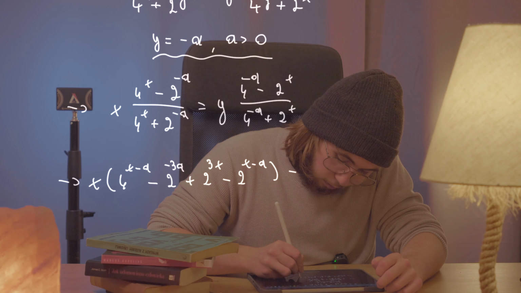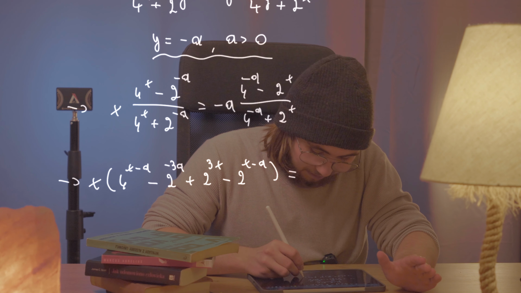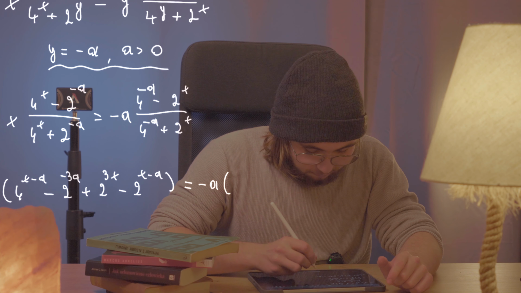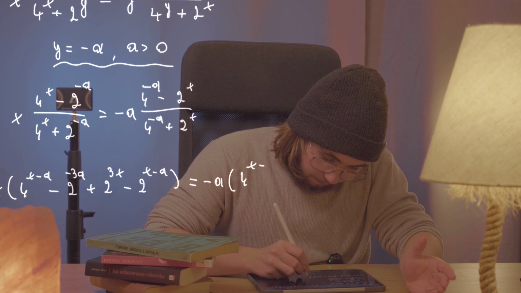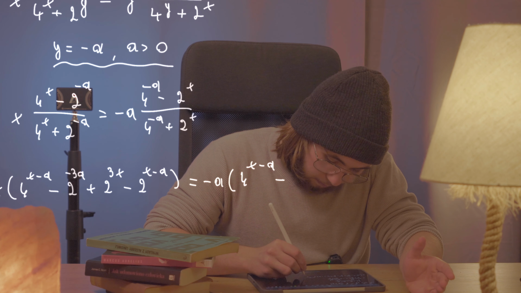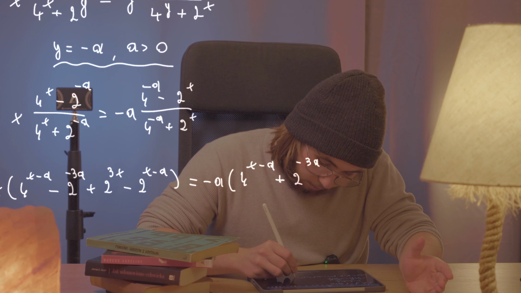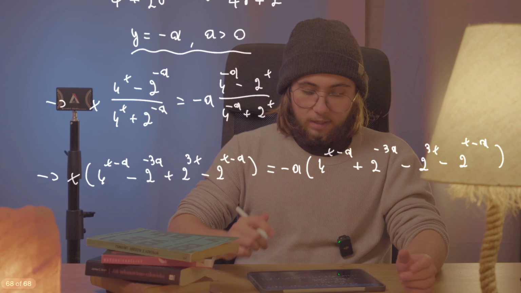Well, that's equal to, oh, sorry, not y. I should have put negative a here. That made me record this video once again. Negative a multiplied by 4 to the power of x minus negative a, then is gonna be positive 2 to the power of negative triple the a, then negative 2 to the power of triple the x, then negative 2 to the power of x minus a. This is exactly what we're getting here. Lovely.